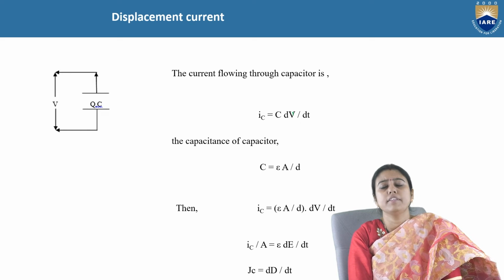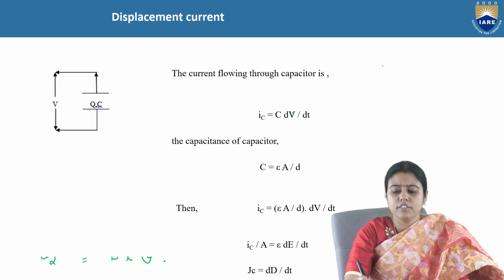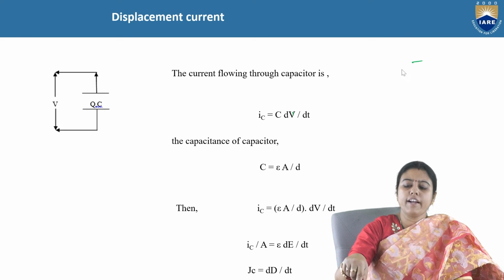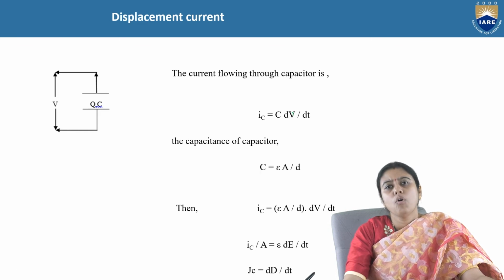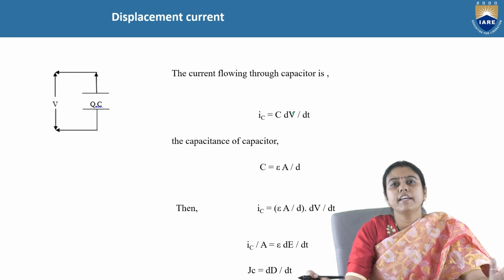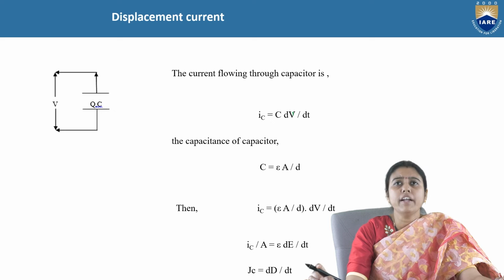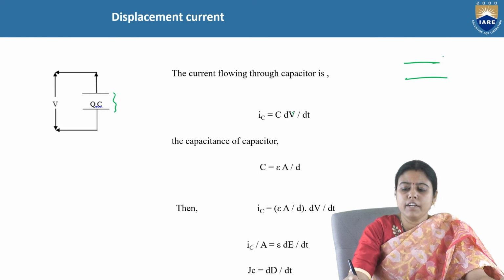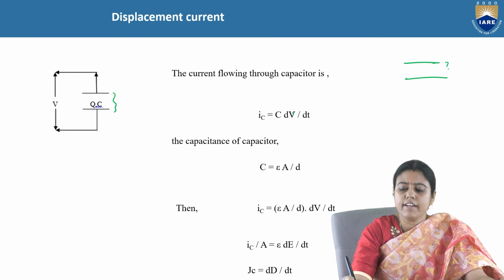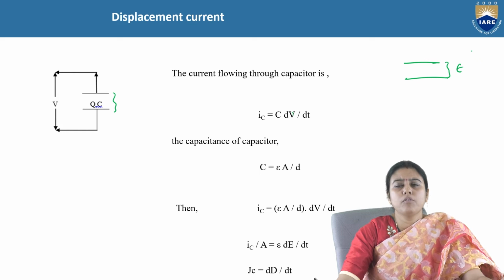Displacement current happens in the case of an insulator, or we can say in the case of a capacitor. What will happen there? Generally, the flow of current is very less in a dielectric. In a capacitor, between two conducting wires there is some dielectric medium, so there is a small amount of current.